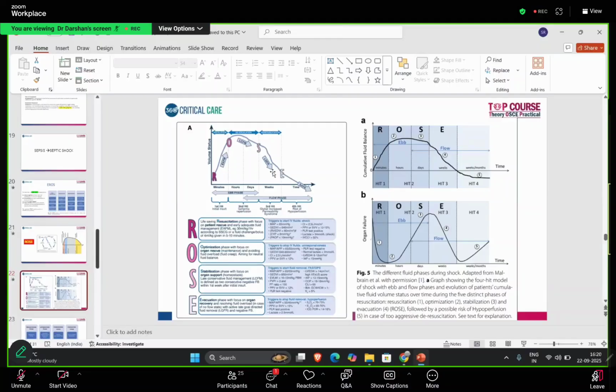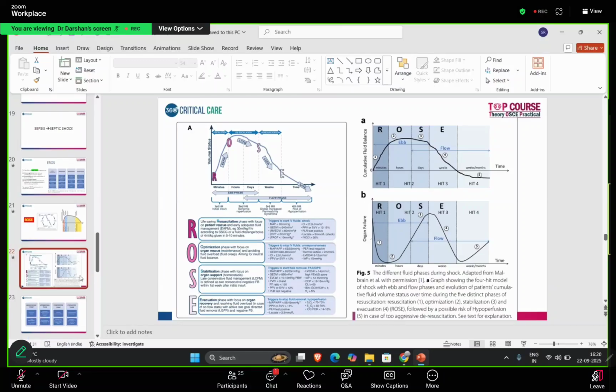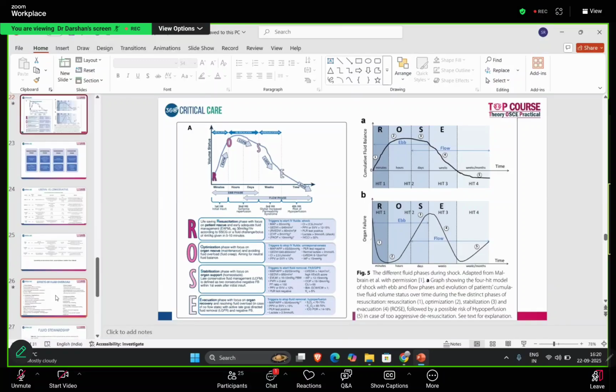Remember ROSE: 4 hits, 4 stages. Early adequate fluid management, late conservative, late goal directed fluid removal, and then volume evacuation. So this is what you need to remember. 4 hits. Remember, organ damage can happen in all the stages. It just depends on how we are resuscitating. So this is about the ROSE concept.